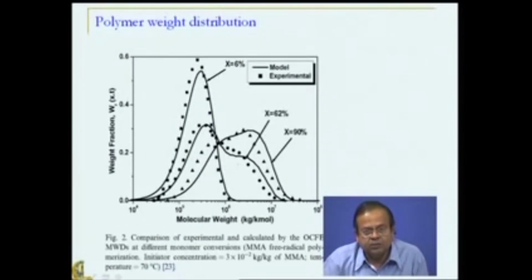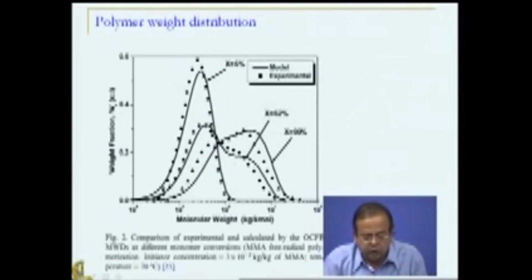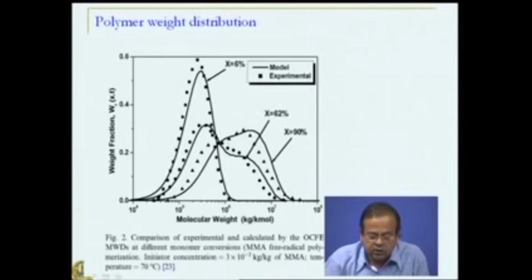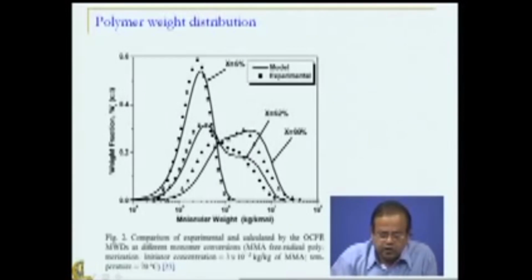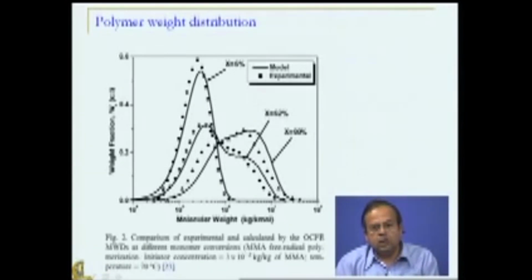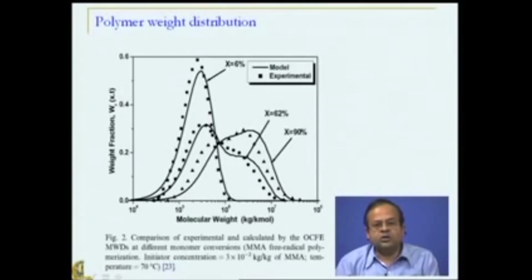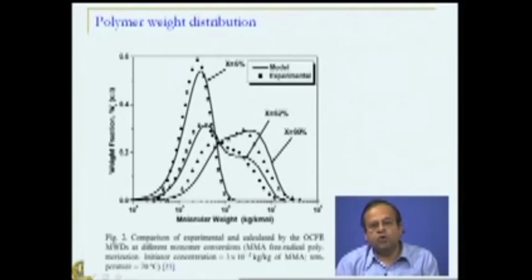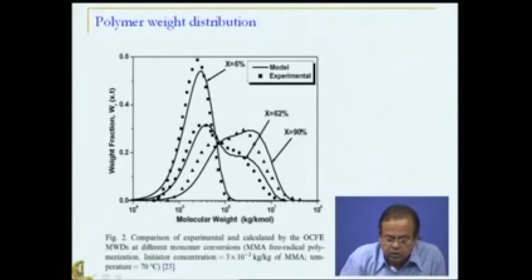The second example is a polymerization example. In this figure, when you typically carry out a polymerization reaction, you do not get a single product, you get a distribution, that is, polymer segments with differing numbers of monomers, and therefore the molecular weight of those segments is also different, and their fractions change.